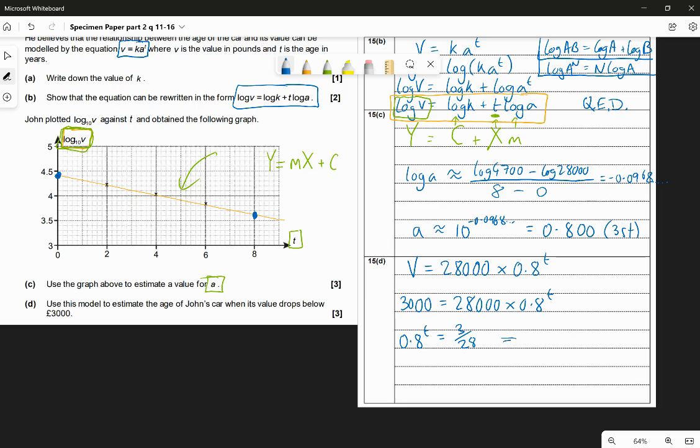Therefore t is log base 0.8 of 3/28, which is 10.0 to 3 significant figures. So around 10 years old is when the value first drops below 3,000, just after 10 years.